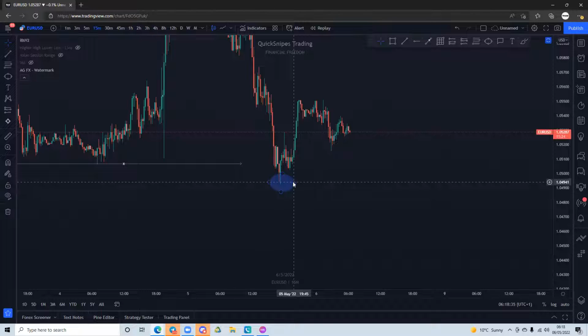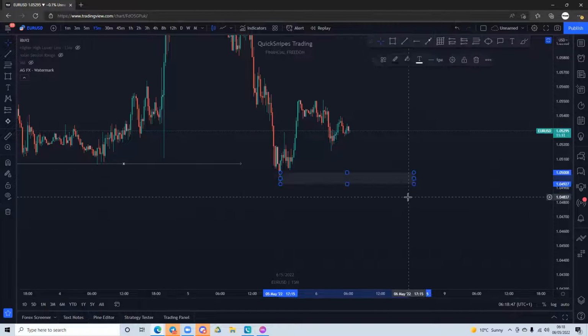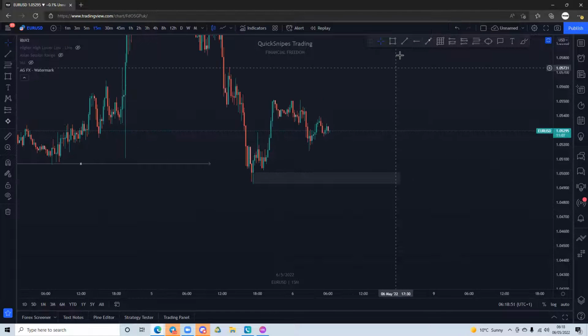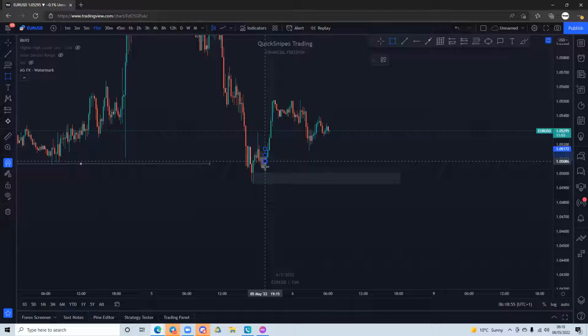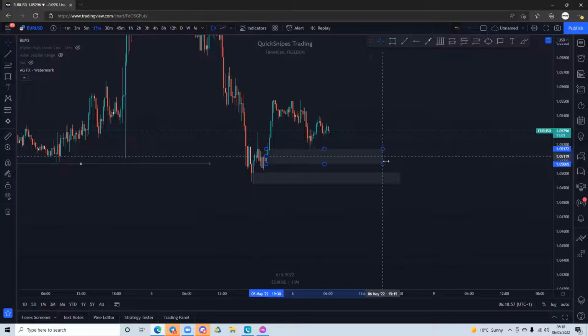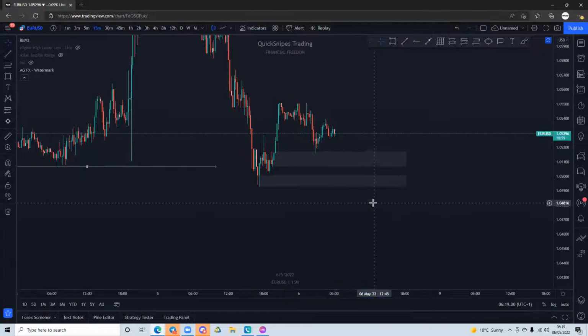So these wicks over here, over here, we're basically reacting off of those wicks. As we can see, price hasn't retested that area, so that could be a potential area to look out for. And we also have this zone in here, which we seem to be reacting off of.